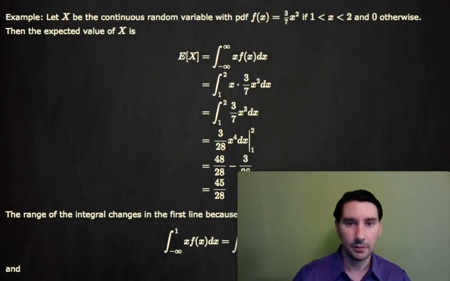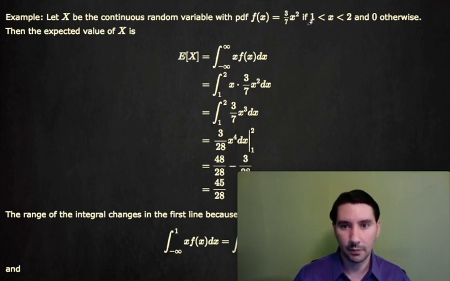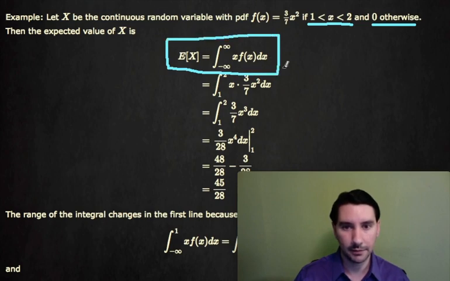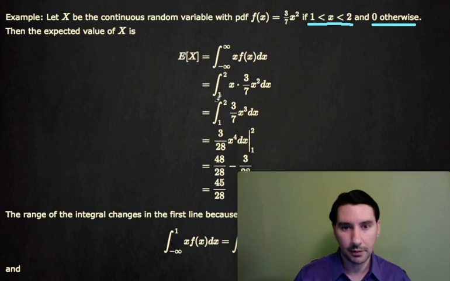If X is a continuous random variable with PDF f(x) equals 3/7 x squared for 1 less than x less than 2 and 0 otherwise, then the expected value of X is, by definition, the integral from negative infinity to infinity of x times f(x) dx, which is equal to the integral from 1 to 2 of x times 3/7 x squared dx.